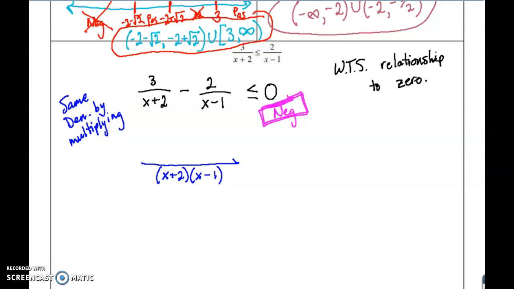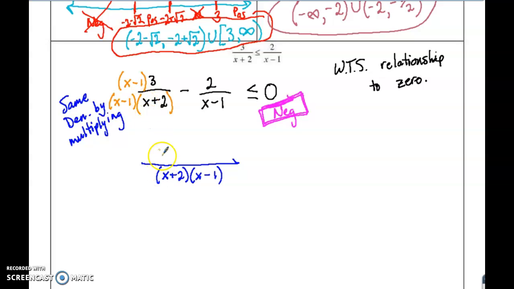So really what's happening is, in order to get the same denominator, let's go with orange, I need to multiply this left fraction by x minus 1. Well, if I multiply the bottom by x minus 1, I have to multiply the top by x minus 1.